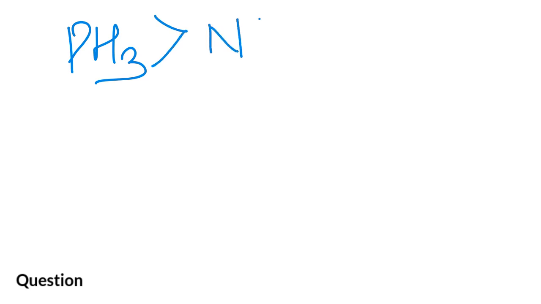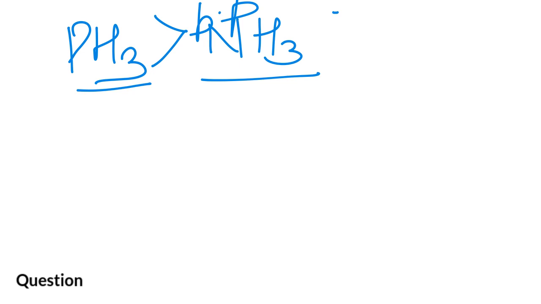Then one more question. PH3 has a lower boiling point than NH3. Why? The simple reason is that the hydrogen attached to the nitrogen is through hydrogen bond.